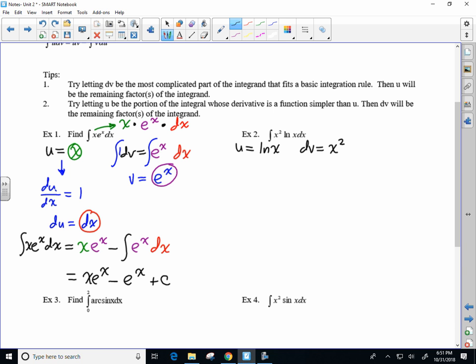That's why I chose this arrangement, because we're about to pay a hefty price. There's a lesson in here. You look at the x squared, say I can take the antiderivative of that. You take the ln of x, say I can take the derivative of that. Should be mere child's play. du would be equal to, the derivative of ln of x is 1 over x dx.